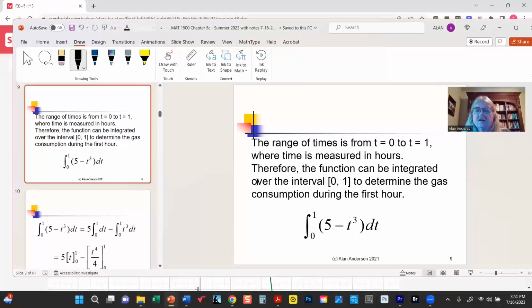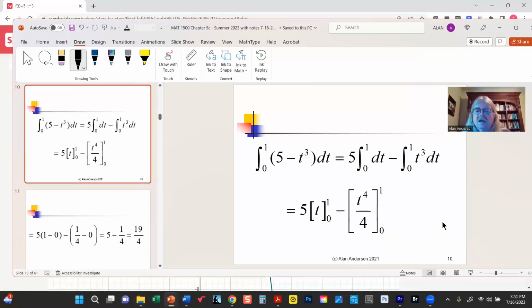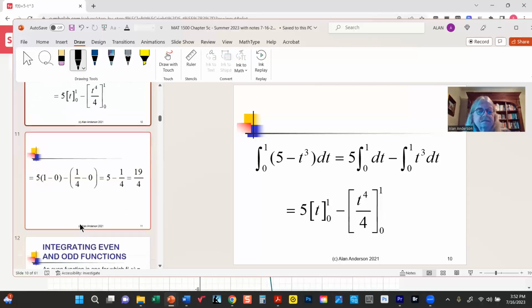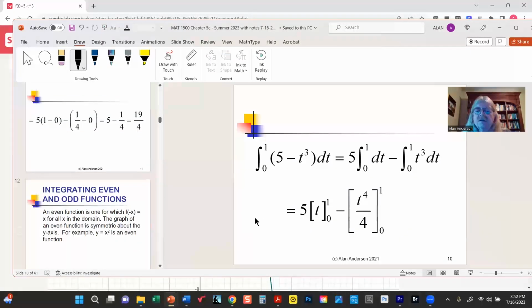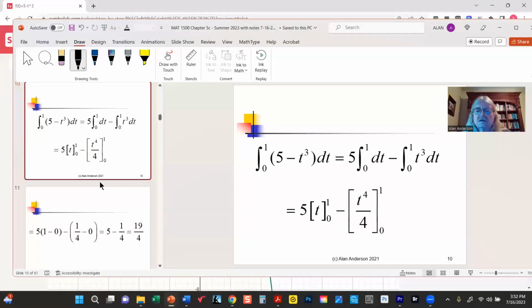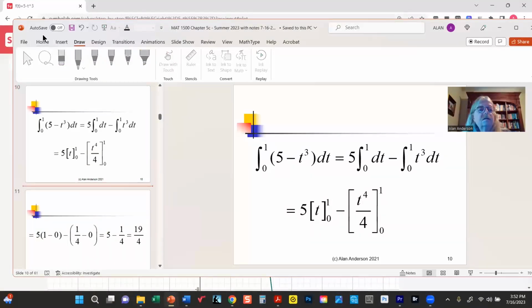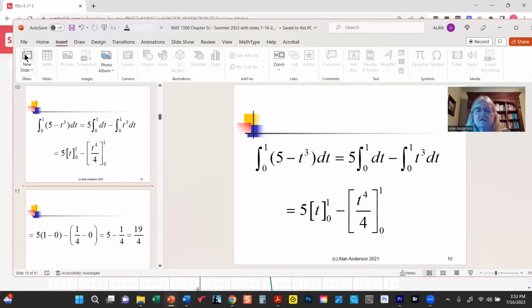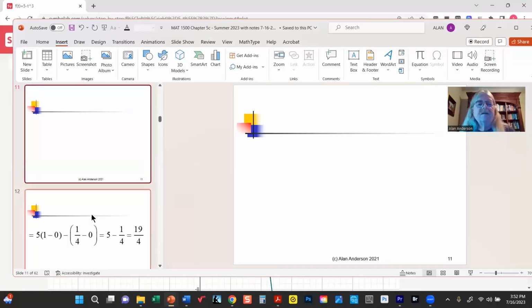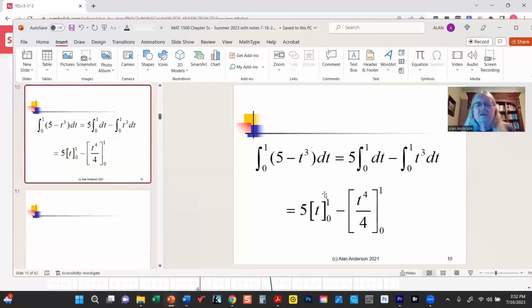So we'll integrate over that interval using the same techniques we just did. We'll break this up into two terms and evaluate from 0 to 1. We'll use the power rule, of course, in both cases. And when we do that, we'll have 5. We just repeat this value here.